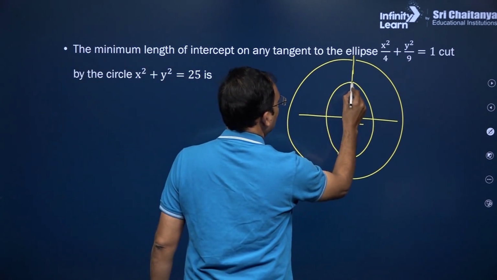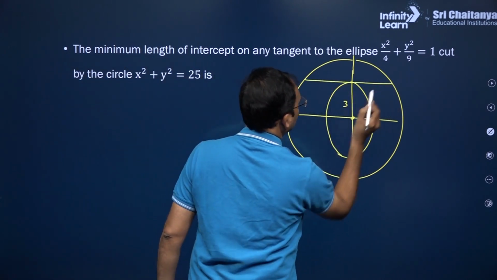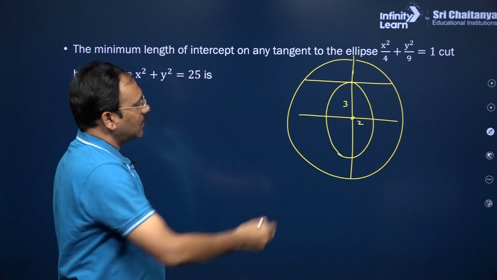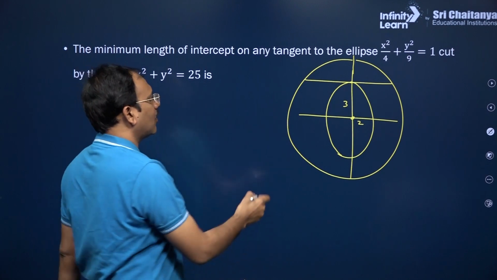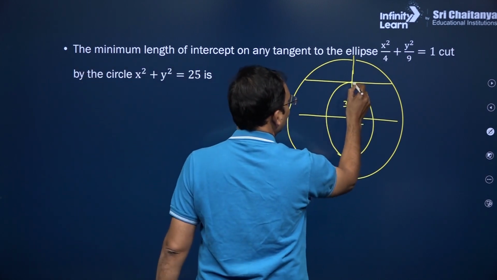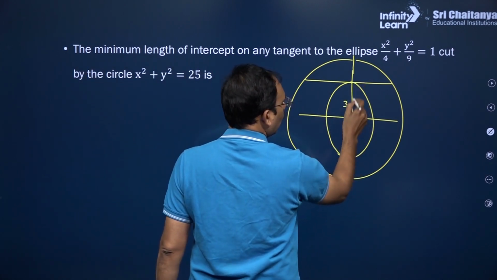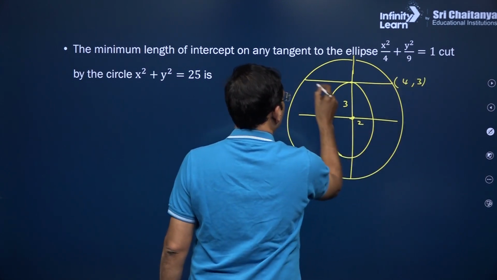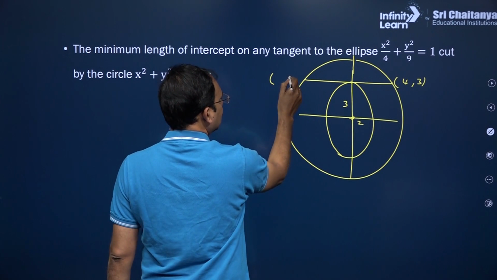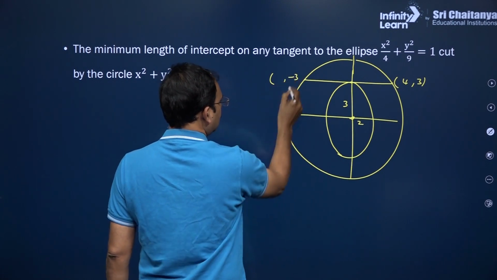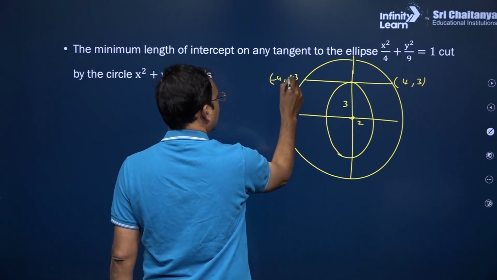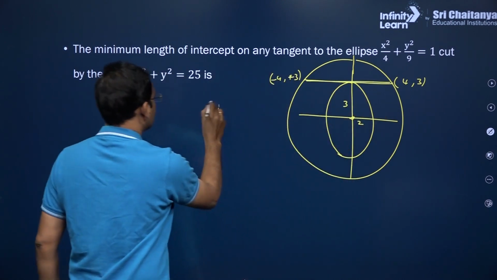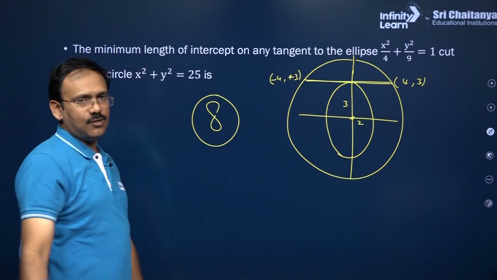So undoubtedly, by symmetry you can observe that this is the tangent with minimum intercept. In all the other cases you will get longer than this. When y coordinate is 3, x coordinate is 4. Here it is minus 3, y coordinate is 3, x coordinate is minus 4. So the length is going to be 8 units, my dear friends. Minimum length is 8 units.